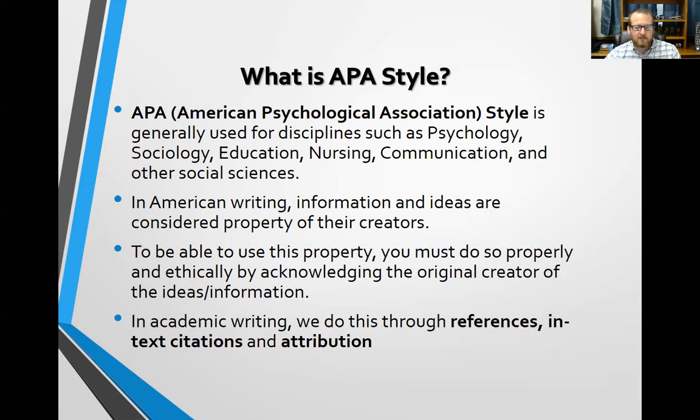So to be able to use this property, we must do so properly and ethically, and we need to acknowledge the original creator of the ideas and information. So in academic writing, we do that through references, in-text citations, and attributions. Okay, so that's what we want to keep in mind as we're talking about citation, why we're citing sources.